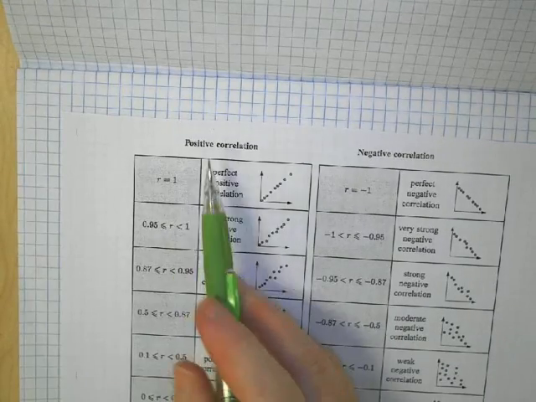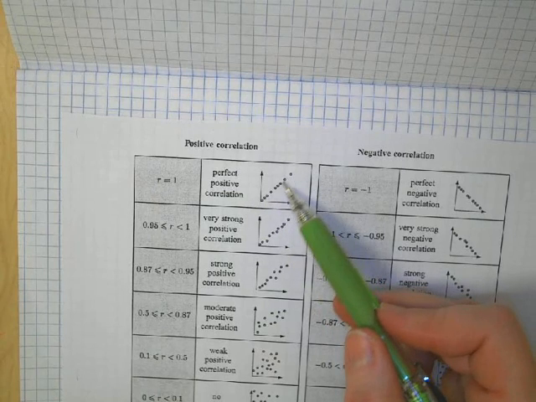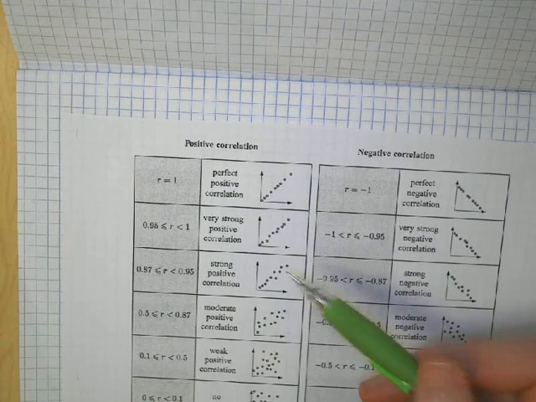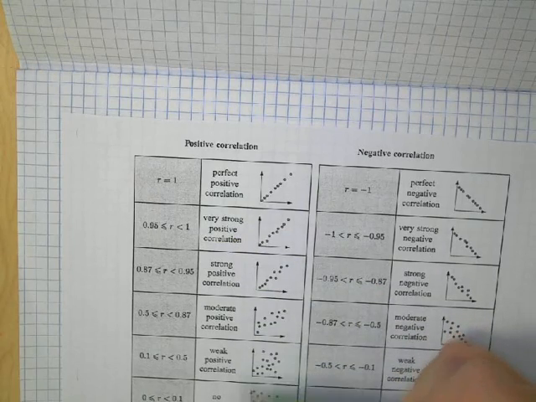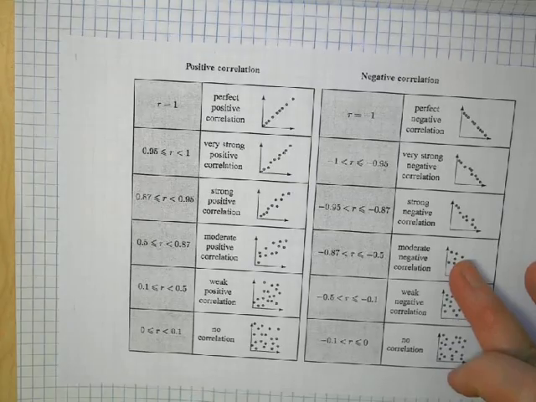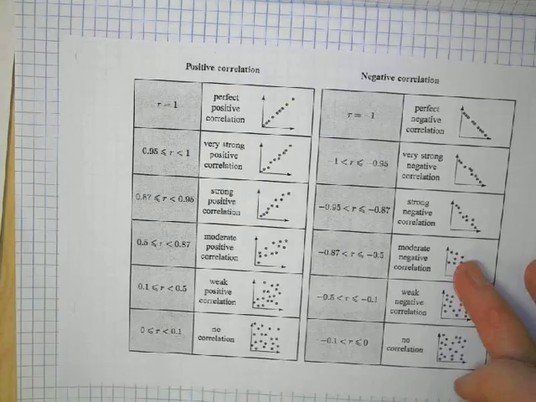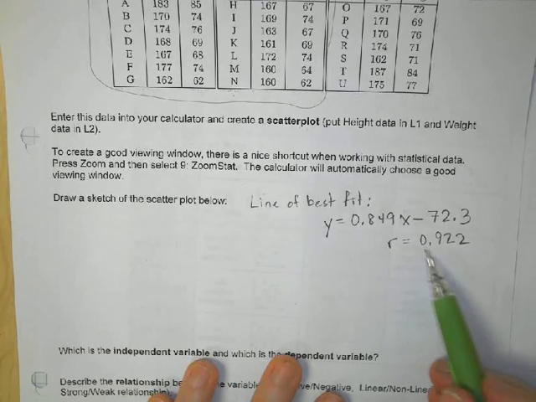Now, I also gave you a nice little chart to kind of give you an idea about that R value. So if R is equal to 1, see how all those points line up perfectly in one straight line? And then there's different ways of describing the correlation depending on the R value. So let's look at the R value I got. And remember, you're going to get a different R value. I got 0.922.